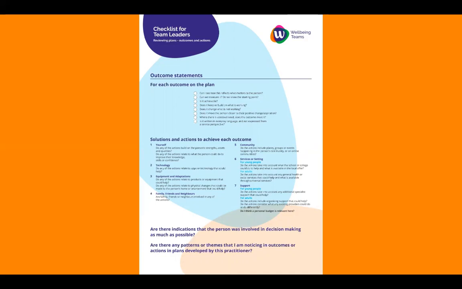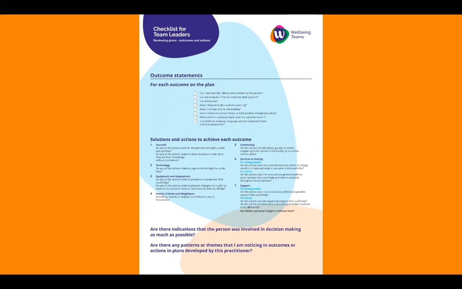So we believe that the outcome sequence is a way for us to make sure we're developing outcomes that are rooted in knowing the person well, what matters to them, and the changes that they want to see in their lives, and a checklist to check that they're written in a way that we know whether we're making progress together or not.